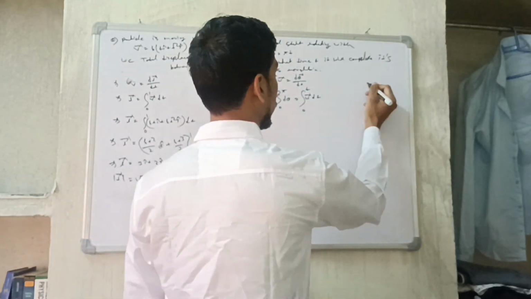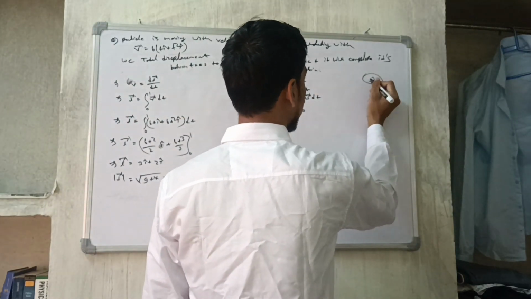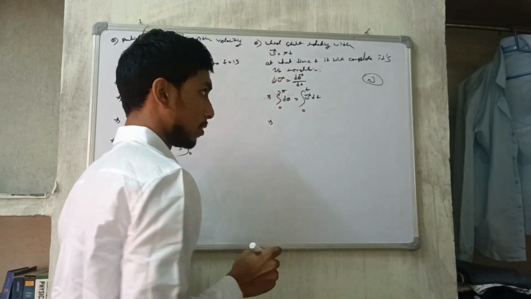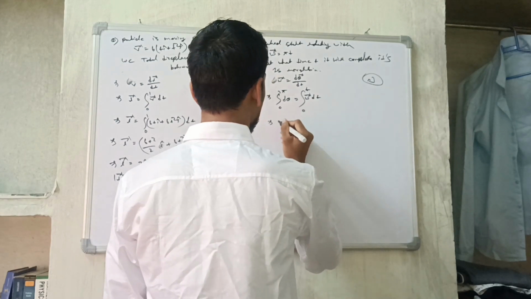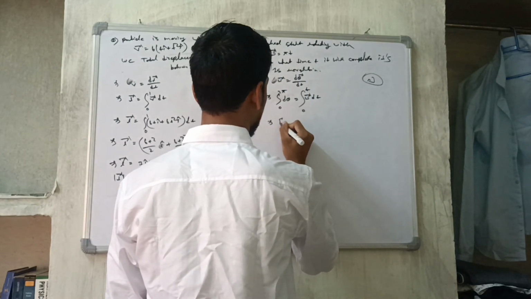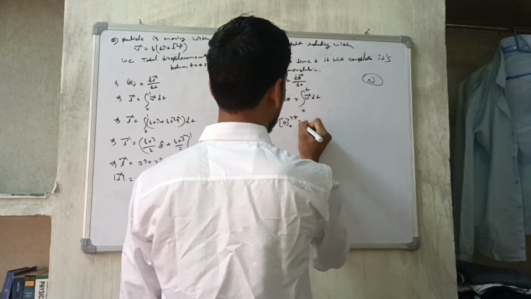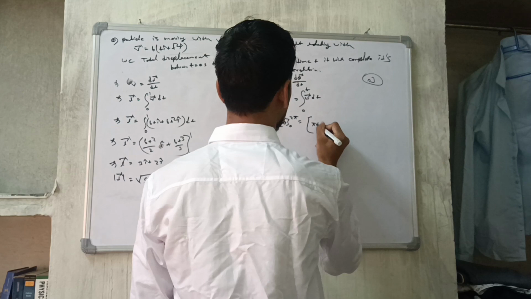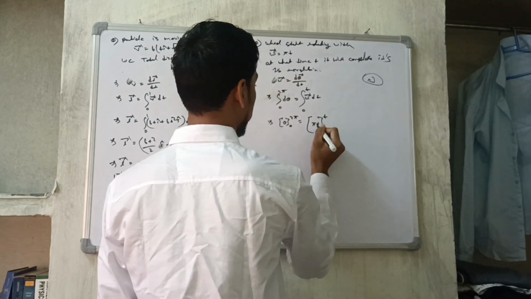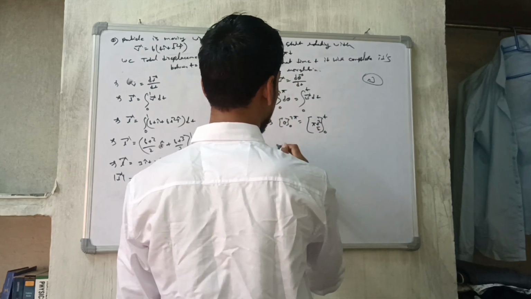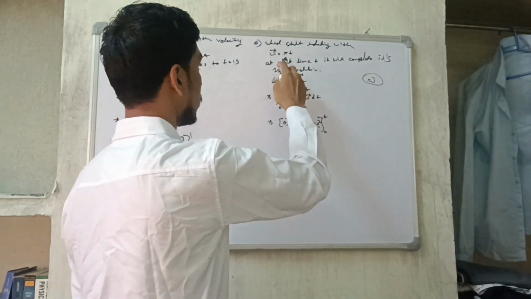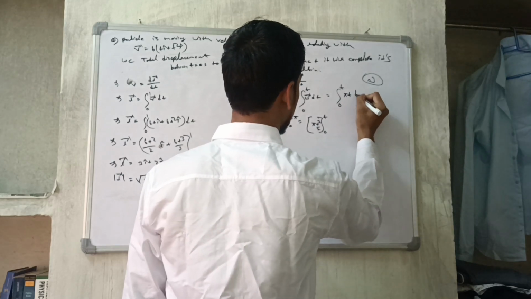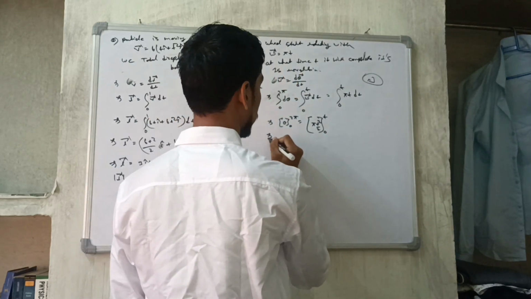Since omega is pi t, we integrate pi t, which gives pi t squared by 2.